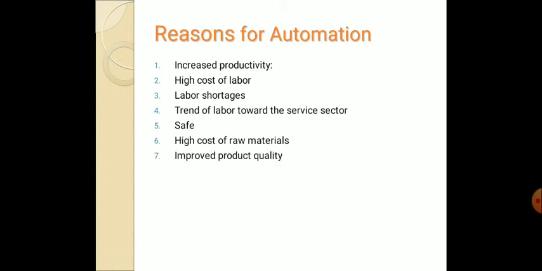Seventh one is the improved product quality. Automated operations not only produce parts at a faster rate than do their manual counterparts, but they produce parts with a greater consistency and conformity to quality specifications. Next, reduced manufacturing lead time.